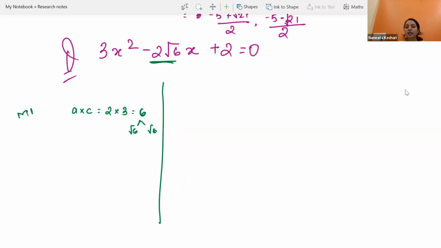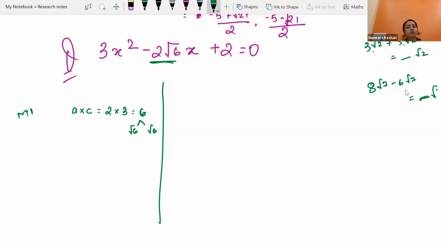If we take root 2 plus 5 root 2, or 3 root 2 plus 5 root 2, then only our answer will contain root 2. If we take 8 root 7 minus 6 root 7, then only our answer will contain root 7. So while splitting the middle term, both terms must have root 6 along with them. Then only the answer will contain root 6.